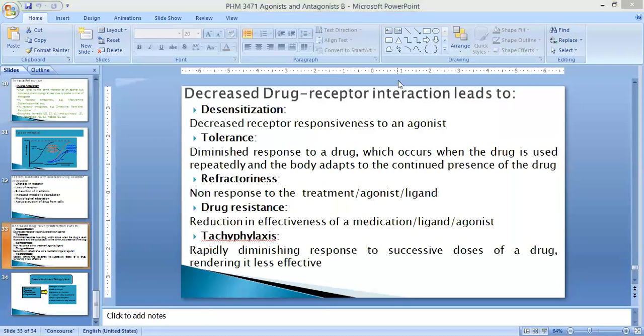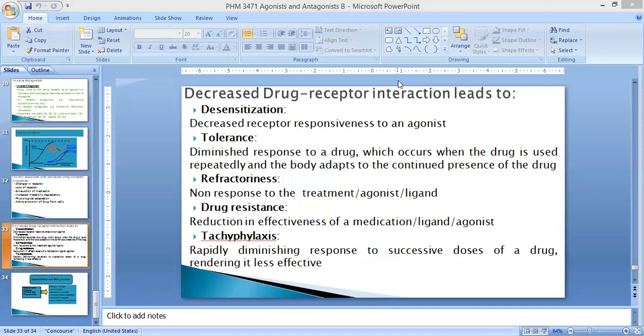So here we are talking about drug receptor interaction. We said when a drug binds to a receptor, it elicits an action, and that's how we benefit from a drug. But that's not the only thing that can happen. Several other things can happen.